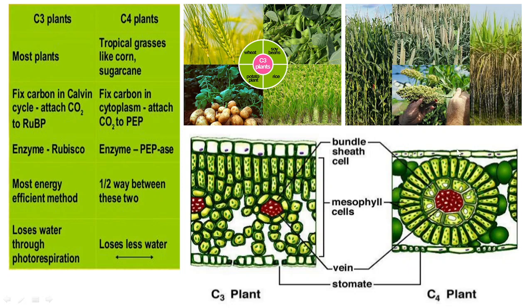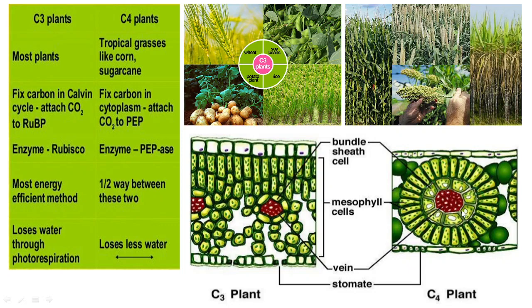So you will see these are the epidermal cells, and these also are the lower epidermis. Then these are the mesophyll cells. Then around the vein. Now vein means the vascular tissues. Around the veins you will find spatially arranged bundle sheath cells.